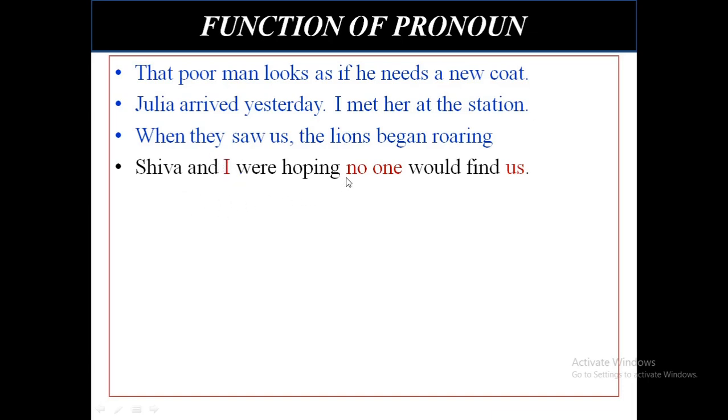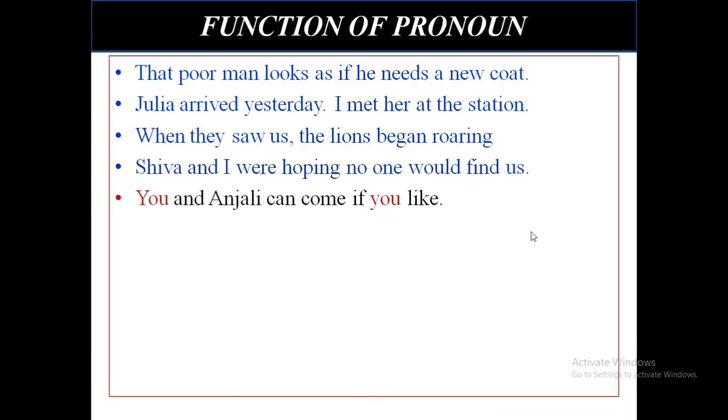And to whom is no one referring? It is not going to refer to any particular person, but in general it refers to people. So this is called an indefinite pronoun.